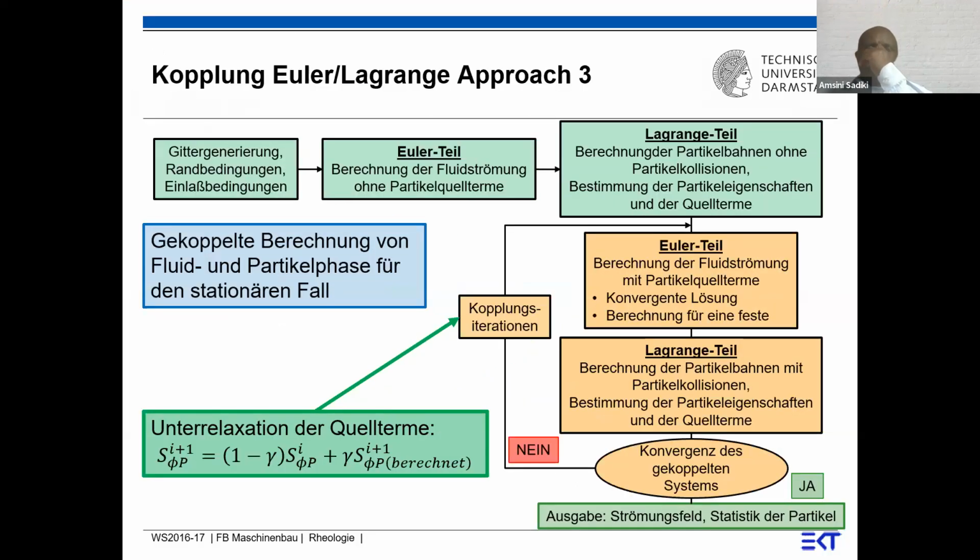So let me now make a summary of this coupling. It is in German, but it is not a problem.